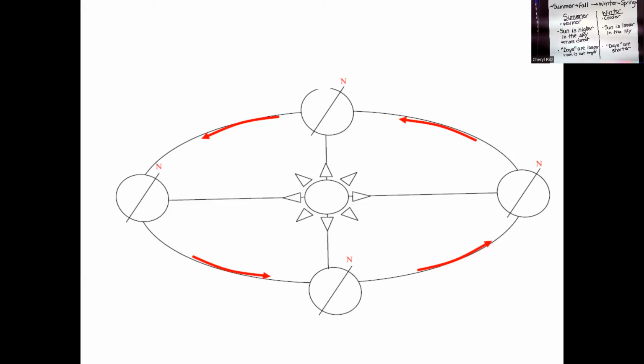That's summer. Now, how do I figure out the rest of them? I go, if this is summer, what's directly opposite of summer? Winter. So if I know this one's summer and this one's winter, what's this one?